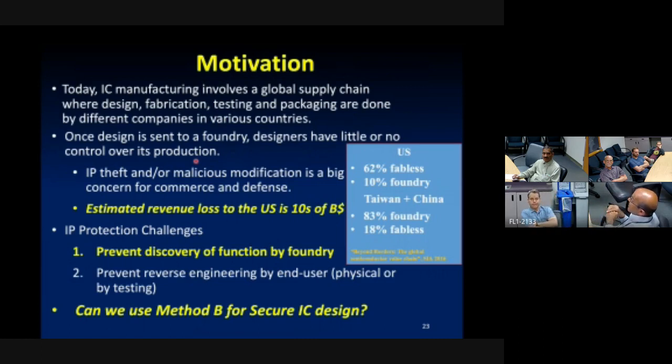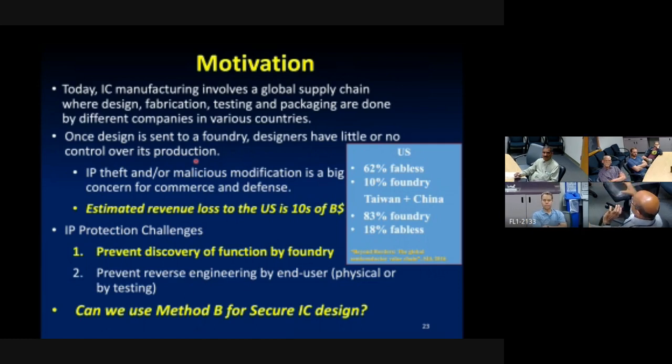Often design, fabrication, testing, and packaging all happen overseas or in different countries. So once I create a mask and send a design overseas to fabricate, I have little control over whether features get added or inferred by the person doing the fabrication. People might reverse engineer what I sent them.